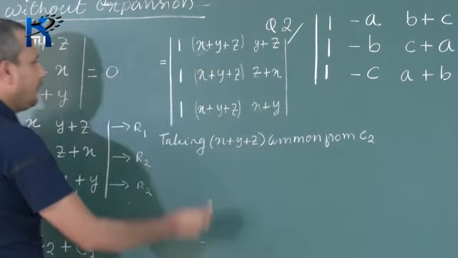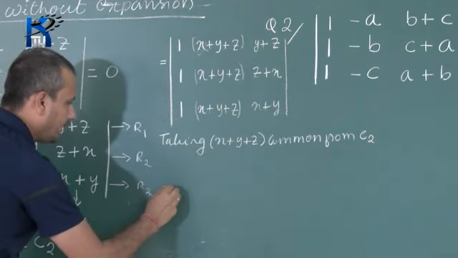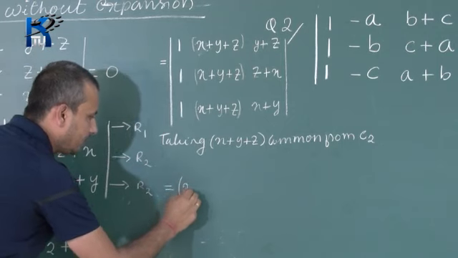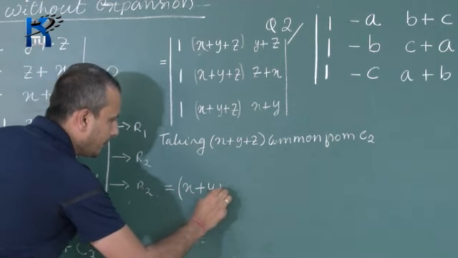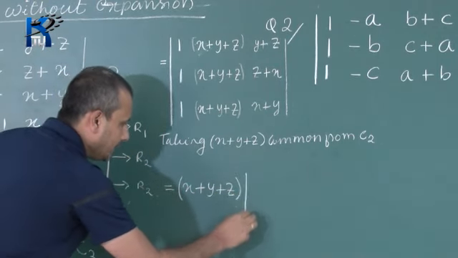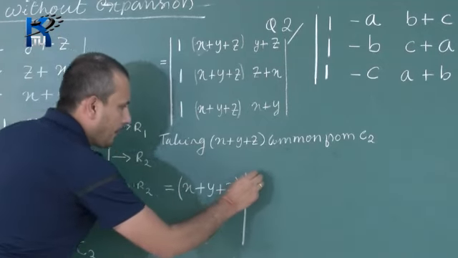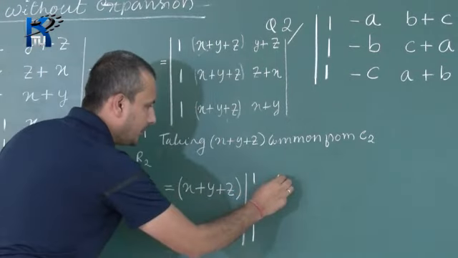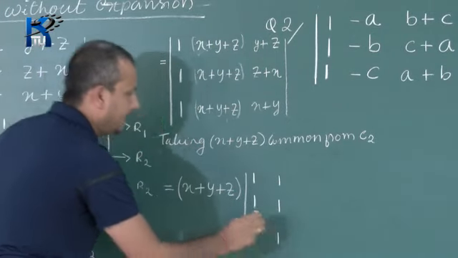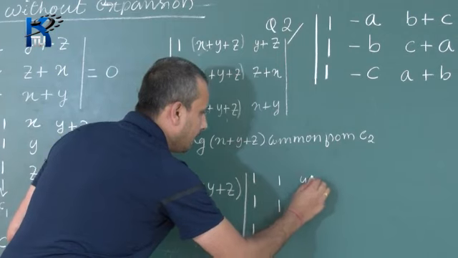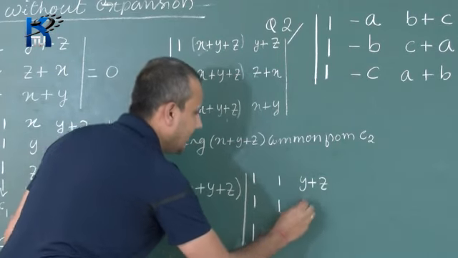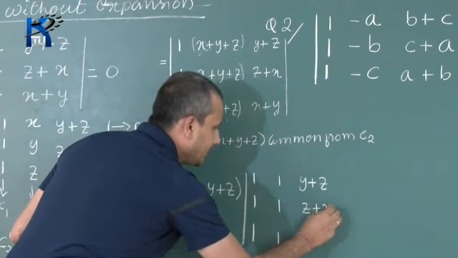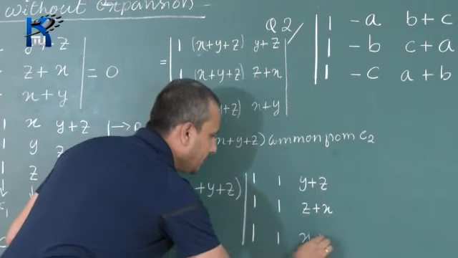If I take this quantity common, then what remains inside the determinant? It will be x plus y plus z within brackets, and inside: 1, 1, 1; then 1, 1, 1; then y plus z, z plus x, and x plus y.